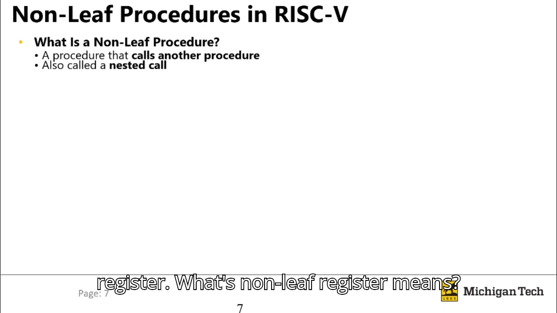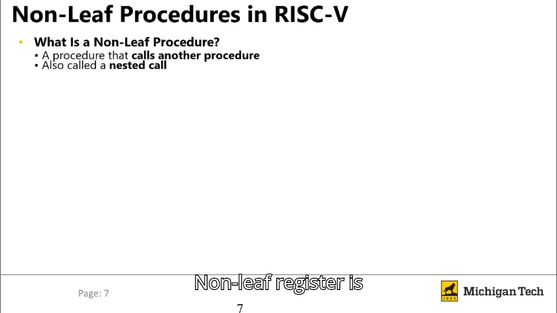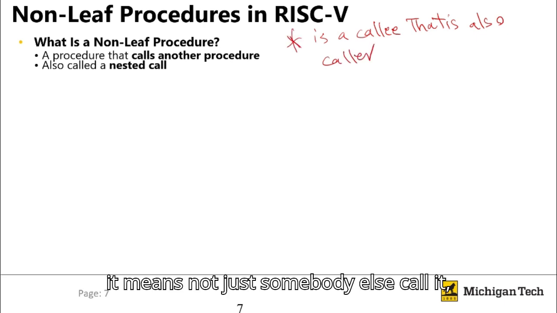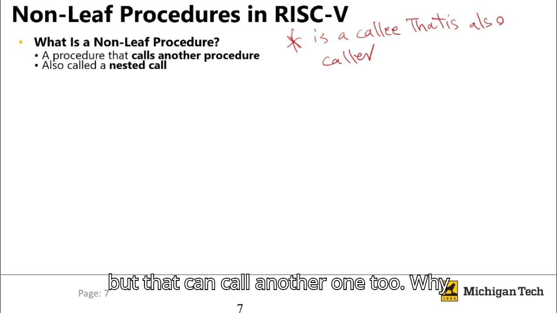What does non-leaf mean? A non-leaf procedure is a callee that is also a caller. So it means not just somebody else calls it, but it can call another one too.